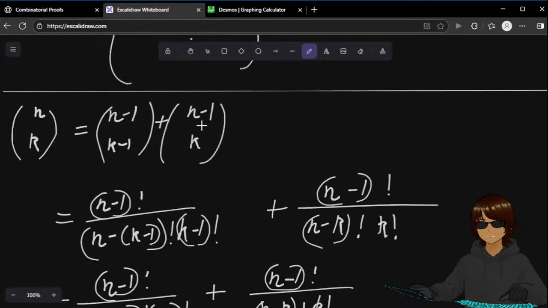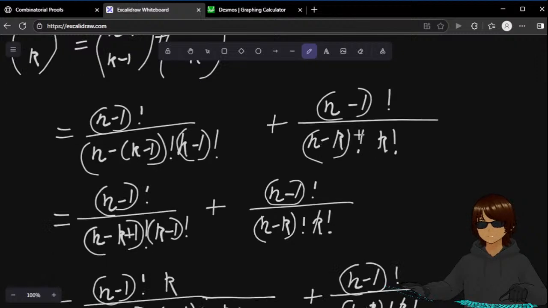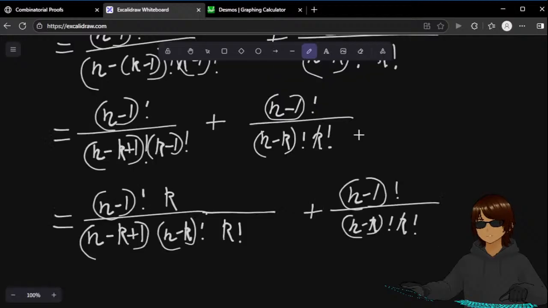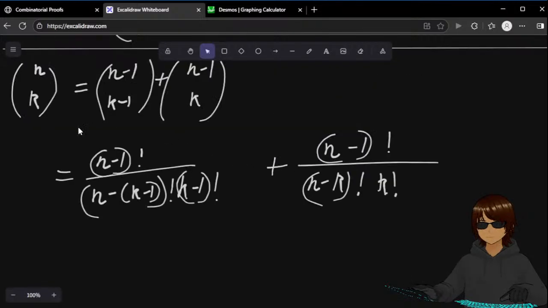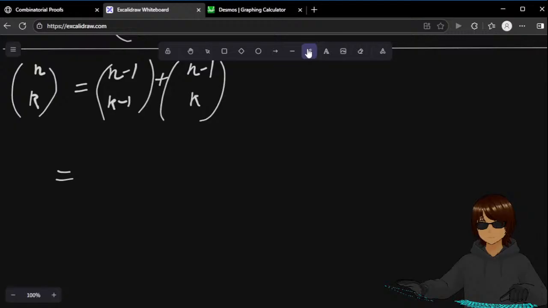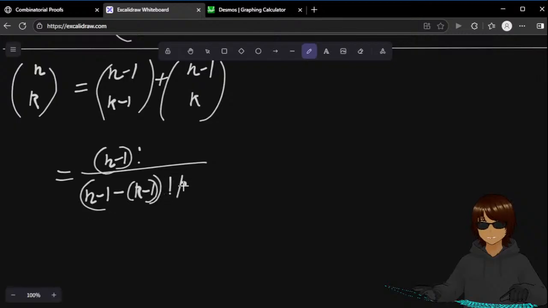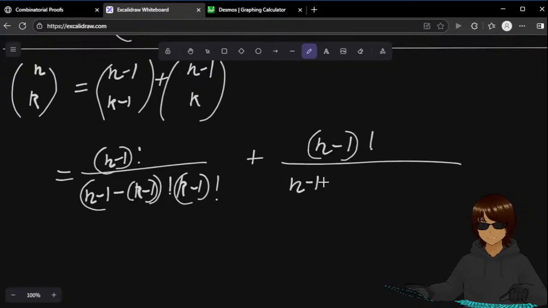Shouldn't it be n minus 1? No, there's a mistake on both sides. n minus 1 minus k, sorry, k minus 1 factorial, and n minus 1 minus k factorial, and then k factorial.